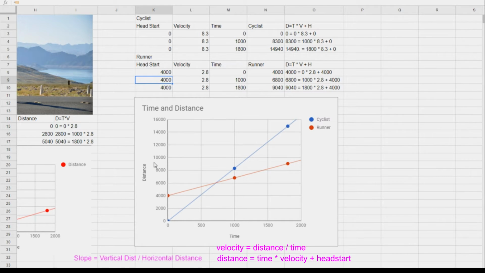In the current case, when time equals 0, that is when the two start out, the runner starts at 4,000 meters. So the y-intercept of his curve is at 4,000.